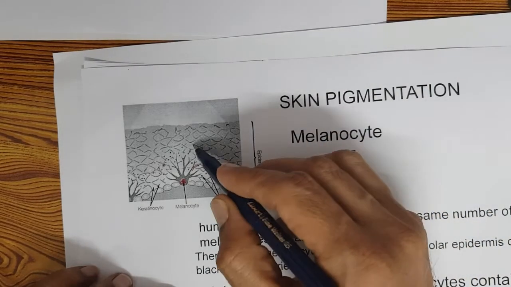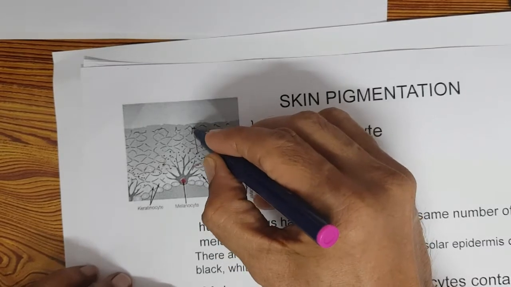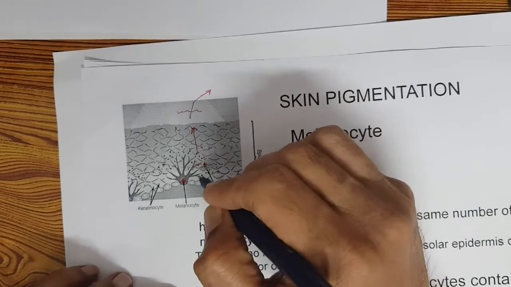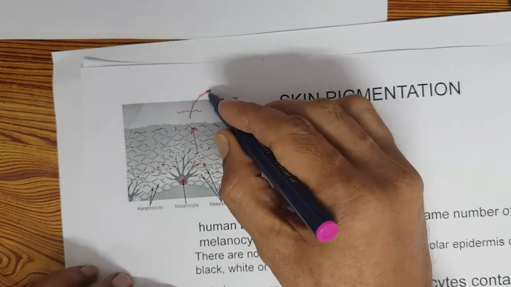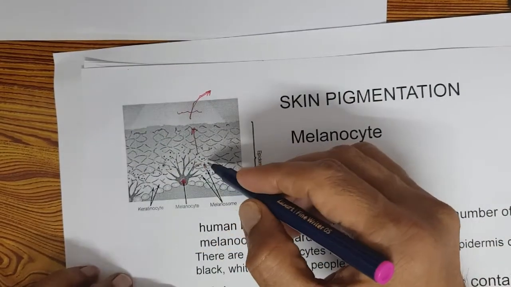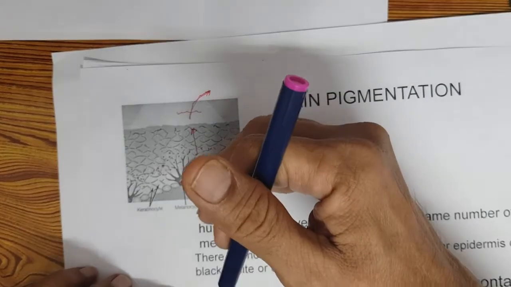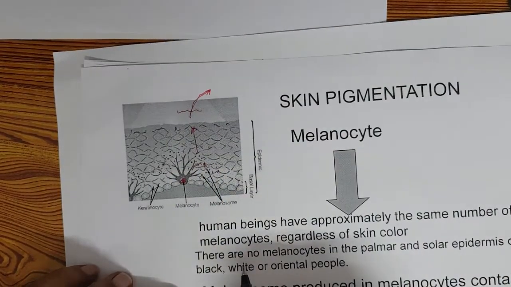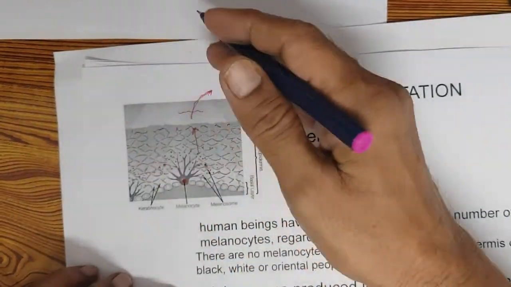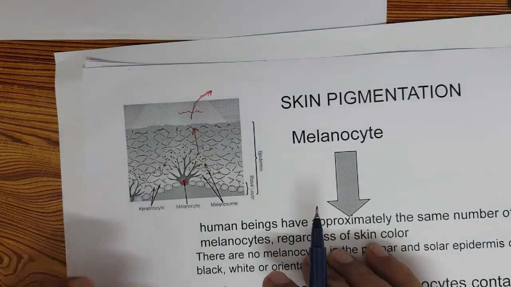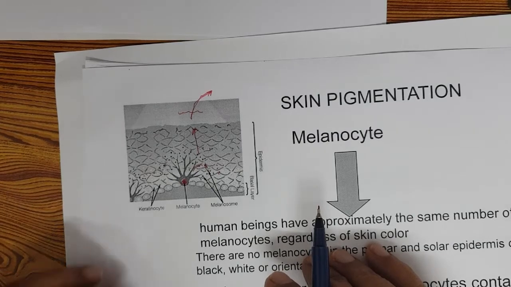Slowly when it forms, it migrates to the upper layer, comes to the stratum corneum and then comes out, and new cells are formed. When it comes from the lower layers to the upper layer, you see the skin is much darker, and when it goes out, you get almost the original complexion, right?